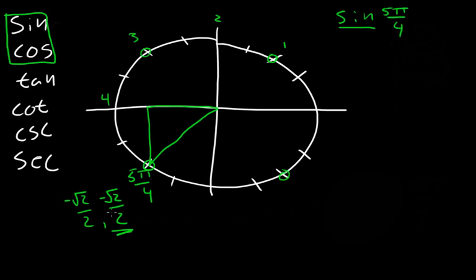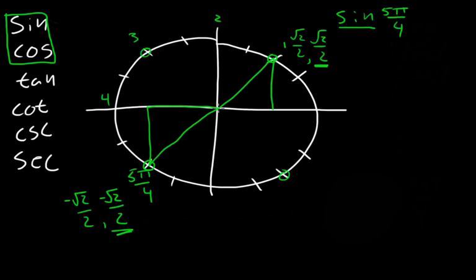So if they ask you for just sine of pi over 4, you make this triangle over here, and this coordinate is also square root 2 over 2, square root 2 over 2. You're going to want the y value.